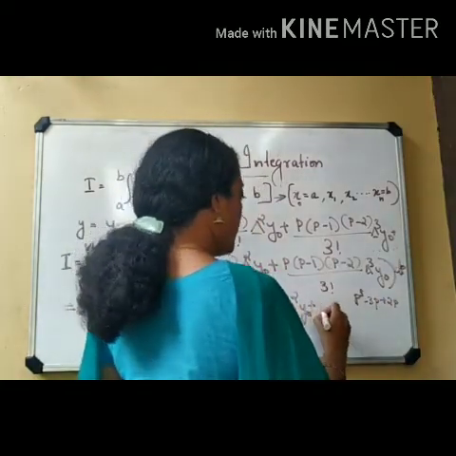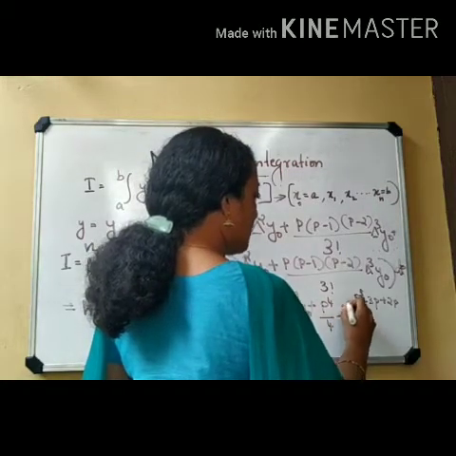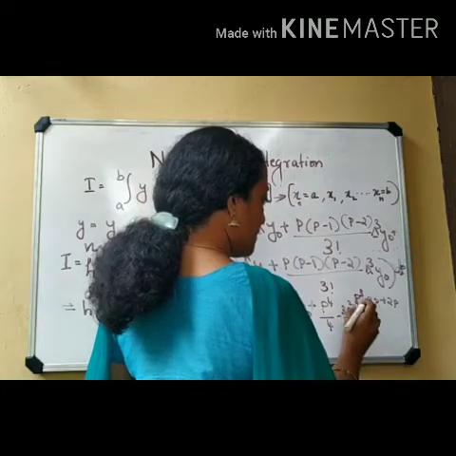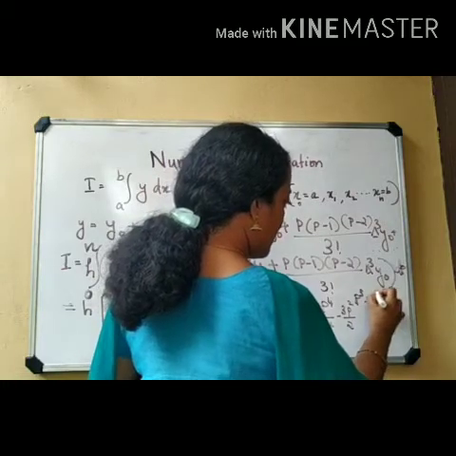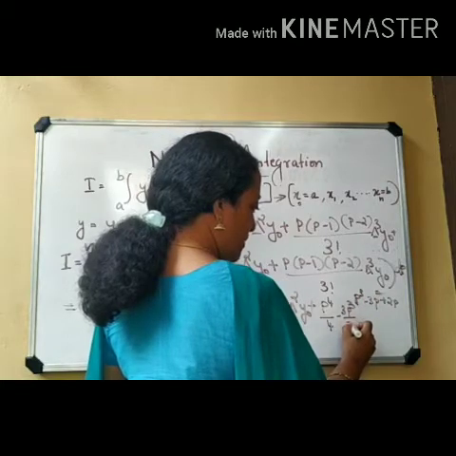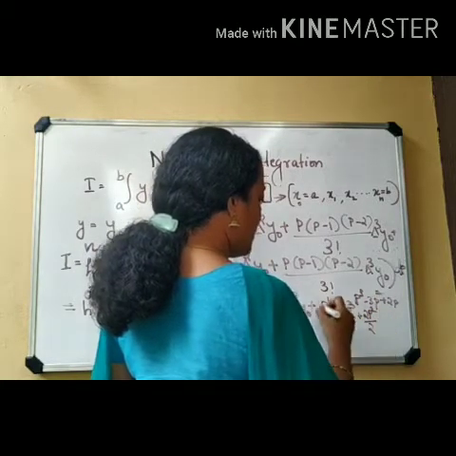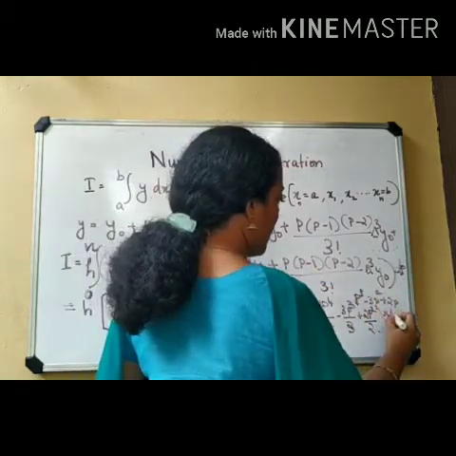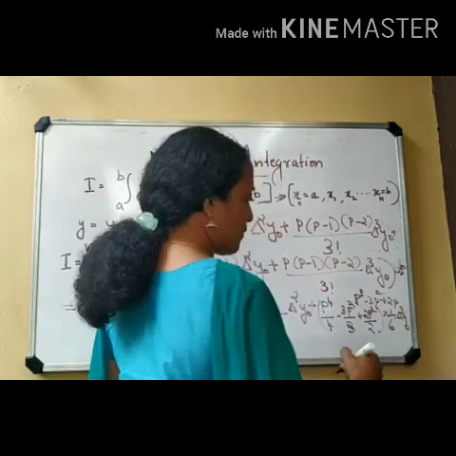So this becomes p raised to 4 by 4 minus 3p cube by 3 plus 2p square by 2, into 1 by 3 factorial, that is 1 by 6, into del cube y0.